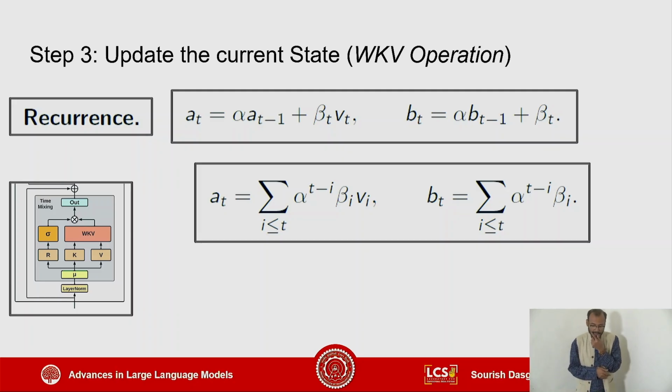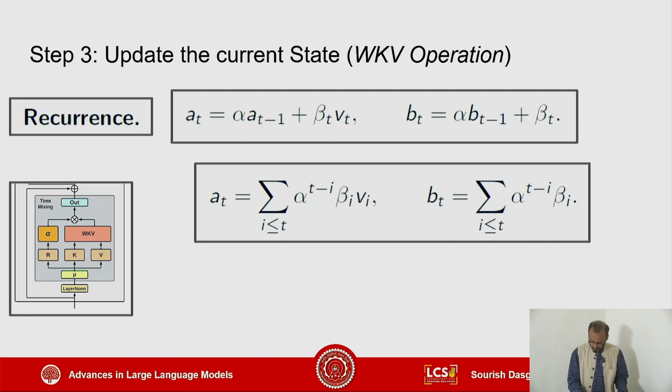So if you look at the first alpha being alpha raised to 0, that is 1. So that will be beta t vt. That is the second term over here. So this beta t vt can be written as alpha raised 0 beta t vt, and that's how you bring the alpha inside the summation, and you can sum it over all the prior time steps, right? So that's your at.